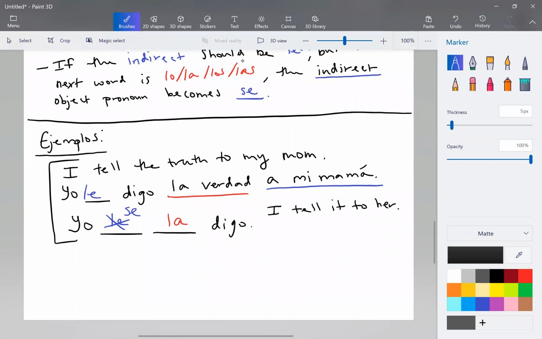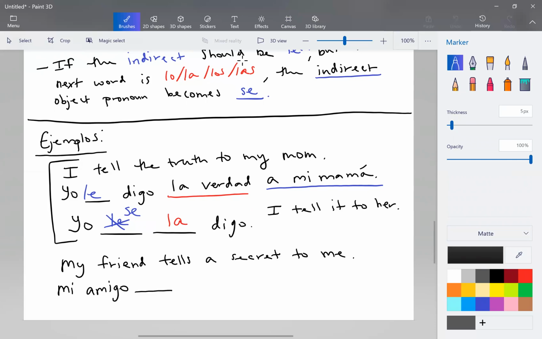Here's another one. My friend tells a secret to me. What are we going to do with my friend, to put it in Spanish? Mi amigo. Good. Mi amigo dice un secreto a mí.